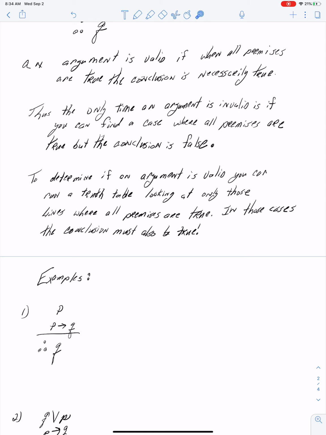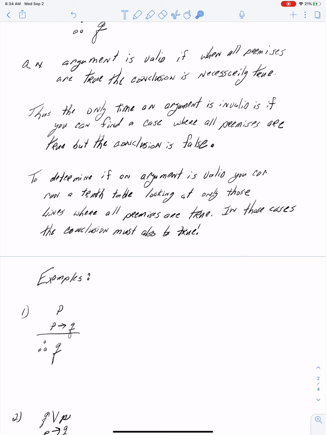Because those are the only lines you're interested in. So you look at each line where all the premises are true, and then you check the conclusion. In each of those cases, the conclusion must be true. If it is, then we say you have a valid argument.